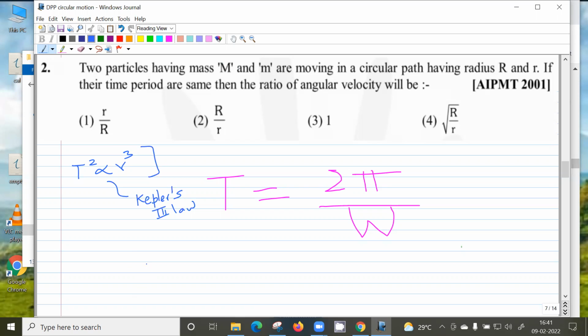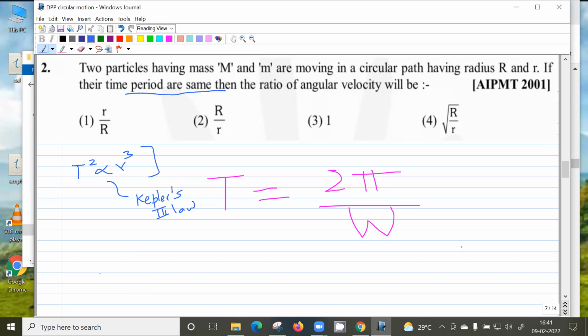So here, if you use that, raised to the power 3 by 2, that's also not there. Okay, he's saying the time period is the same. Oh, so this is not under gravity.